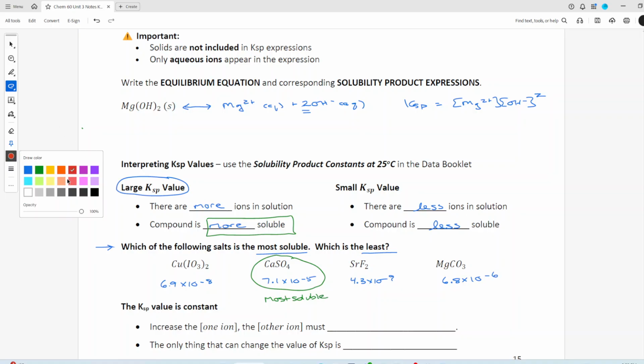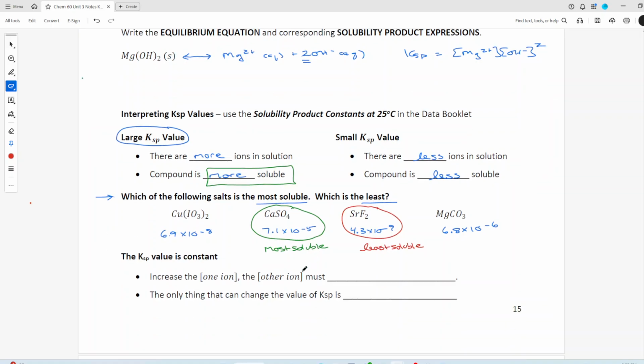The least soluble is going to be the one with the smallest KSP, which is the 4.3 times 10 to the negative 9. So all of these substances on the first chart would say low solubility, and of these, the strontium fluoride is the least soluble and the calcium sulfate is the most soluble.